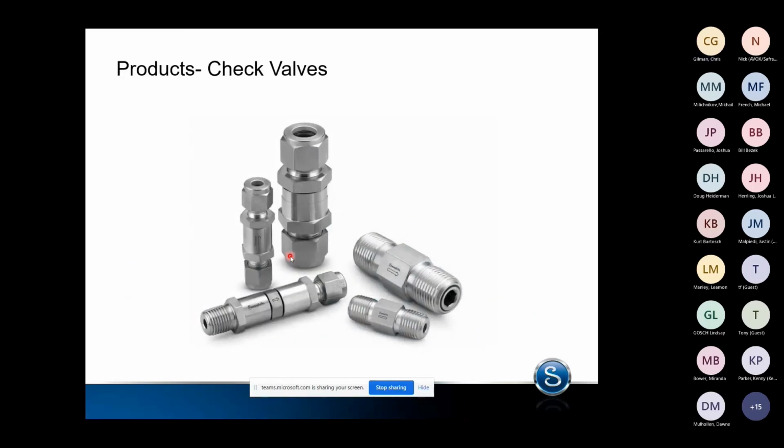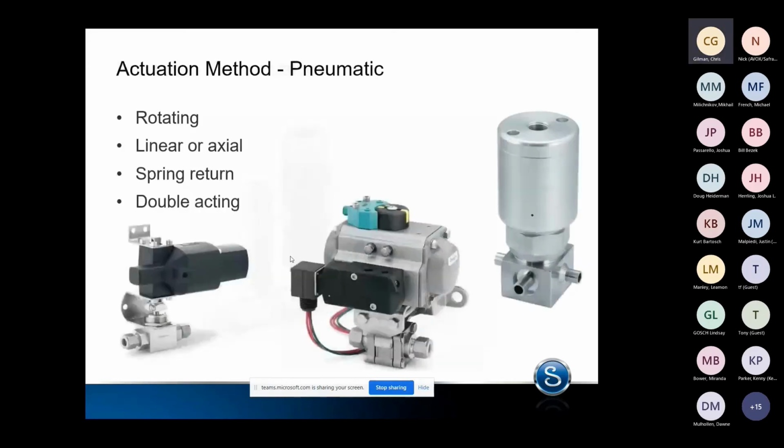Hey, Derek. Yes. Can the spring returns be configured FO or FC? Yes, they can. So FO and FC is fail open or fail closed. That's a good question. When you're configuring these, there is an option at the end to identify the standard state, the de-energized state. We use NC or NO, normally open or normally closed, but FO and FC would be the same thing, a fail condition.